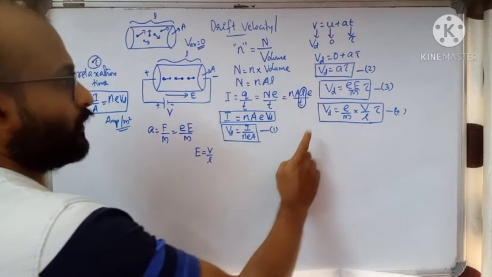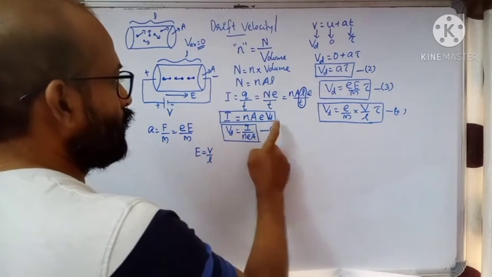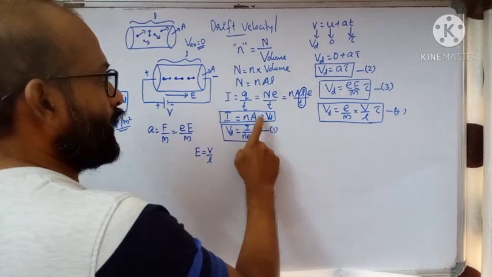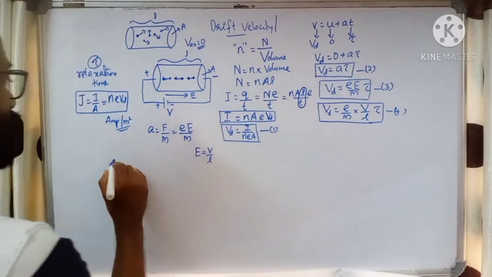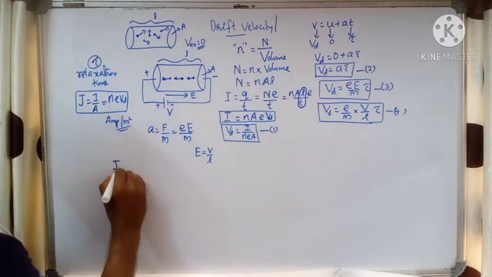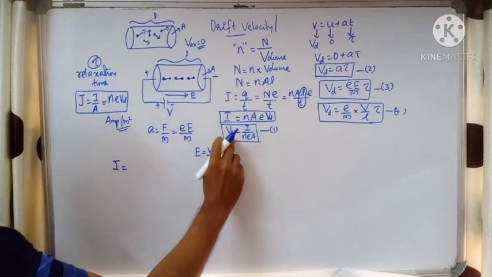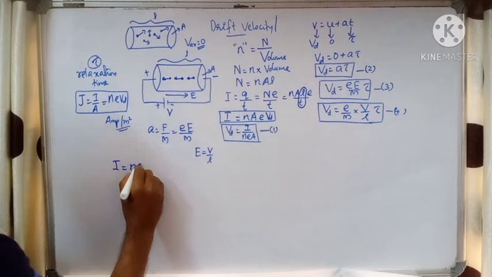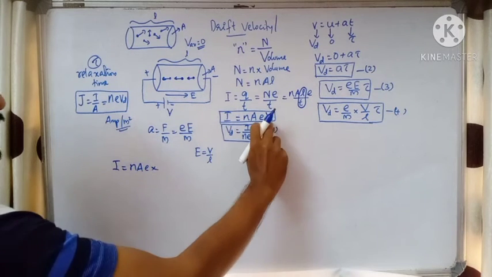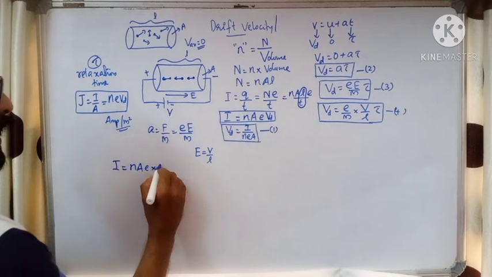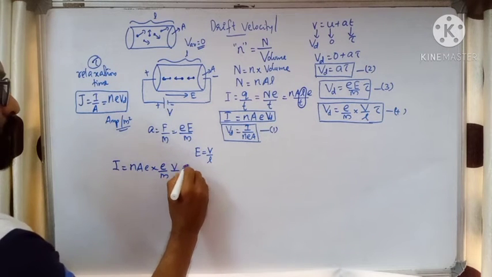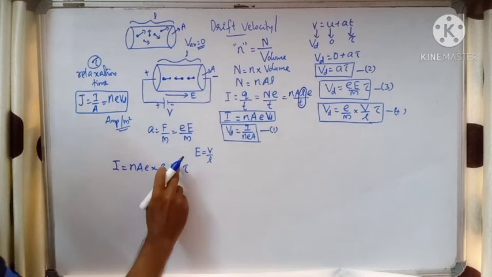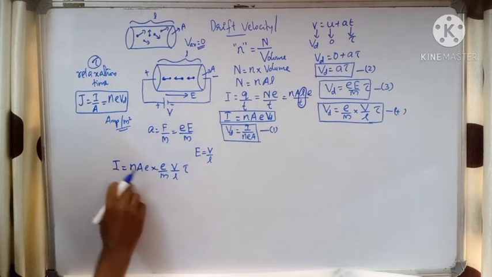We know that we have the equation I is equal to nAe into vd. Take this equation. Current is equal to nAe into vd, where vd is the drift velocity. I substitute drift velocity from equation number 4, V by l into e tau by m. Now I just cross multiply this.